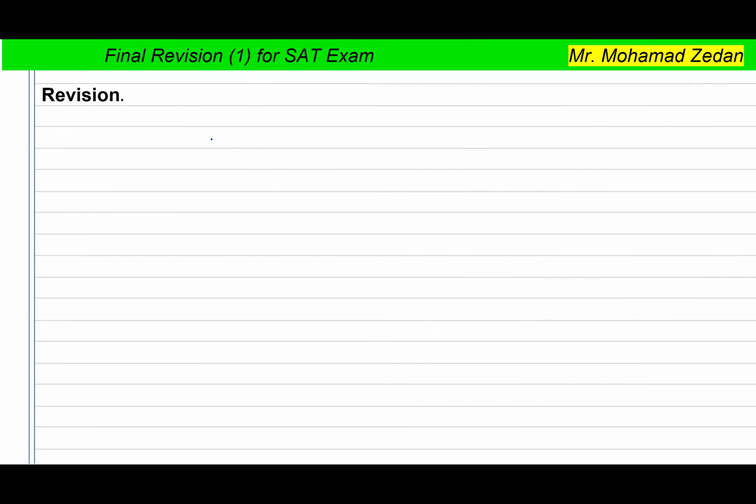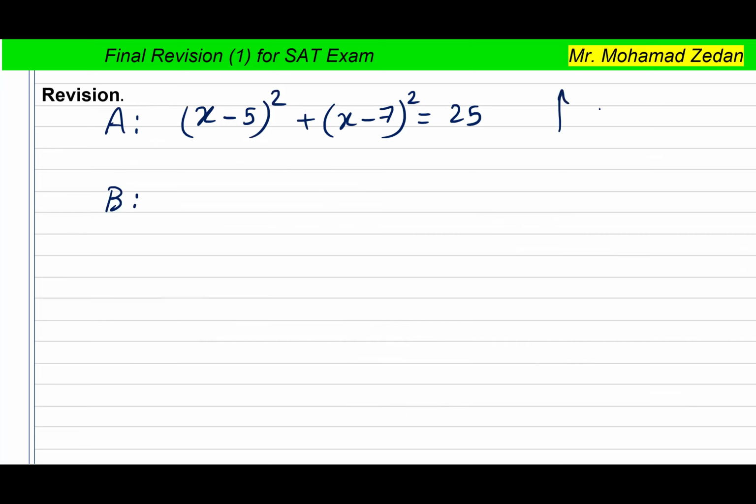Another point I want to talk about is shifting of a circle. (x minus 5) all squared plus (y minus 7) all squared is equal to, like, 25. When I say this circle is circle A, another circle B is the result of shifting circle A 5 units up.